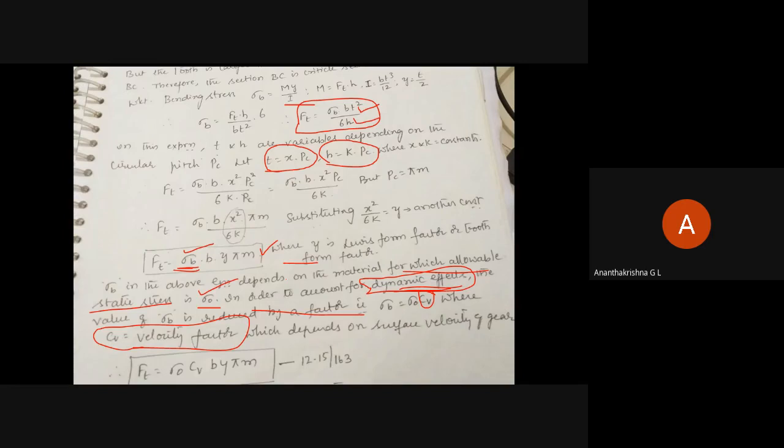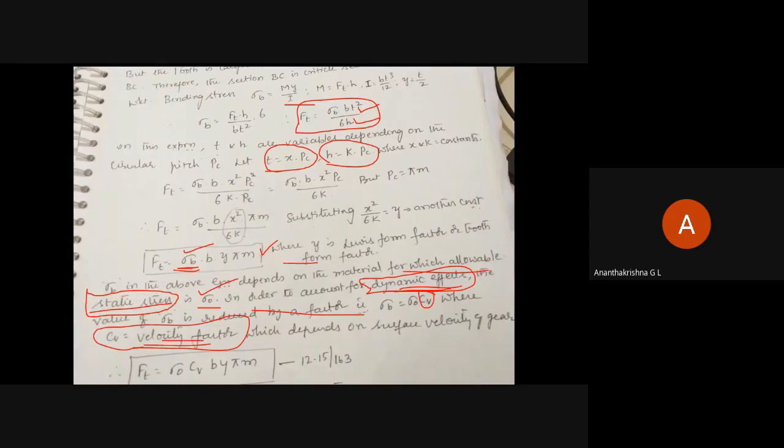That means the strength of the material will be reduced if the velocity factor is multiplied to the static allowable stress. So the more the velocity factor, the lesser is the value, that is, the static stress that is allowable, or that we can use for our calculation. So it depends on the velocity factor.